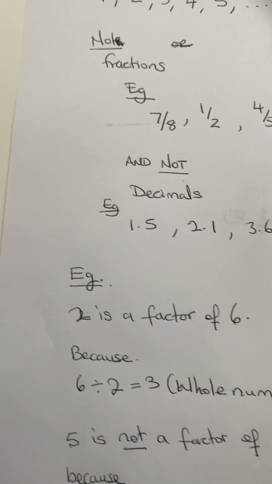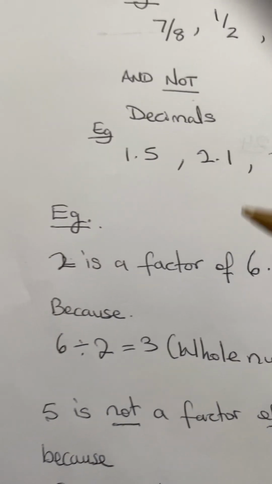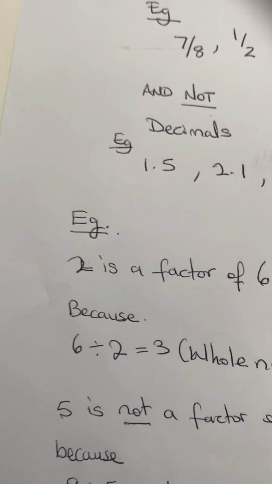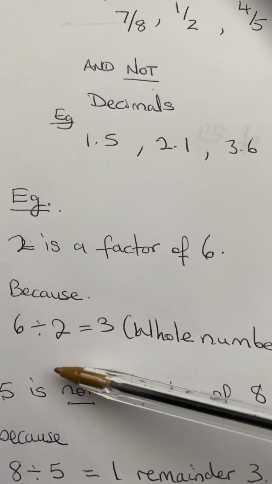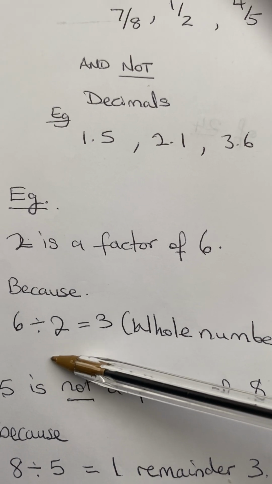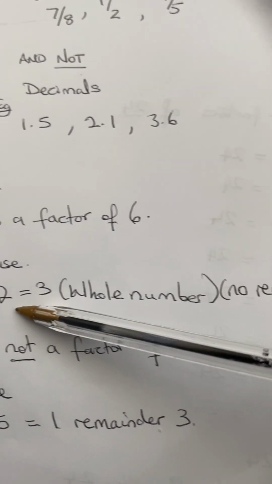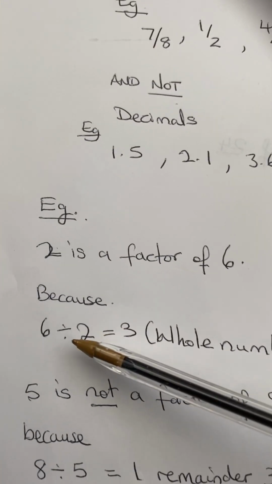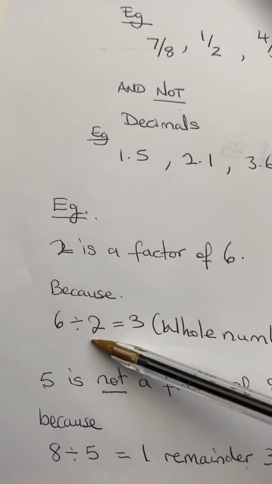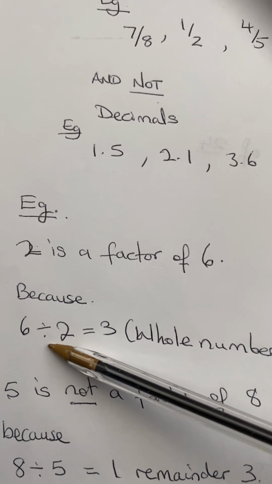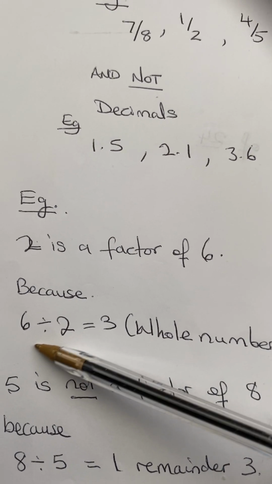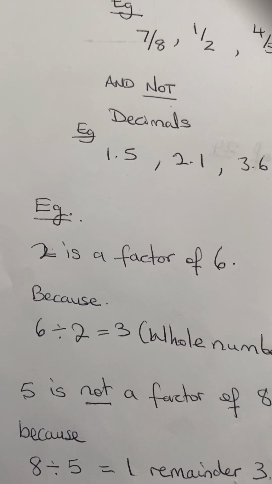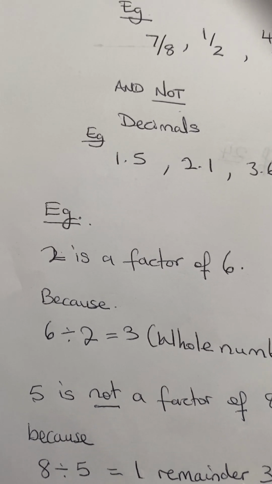Okay, let's go on. So for example, what are the factors of 2? You can see that factors will be whole numbers, as I just explained. But if you look at 2, 2 can go into 6 and you get a 3 without any remainder.